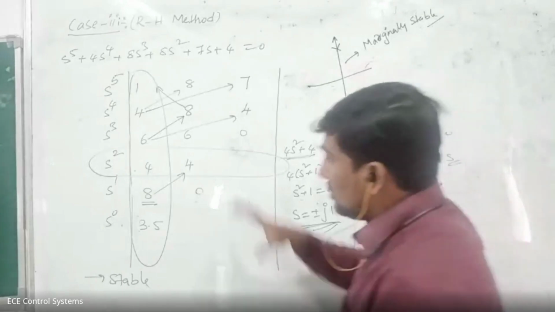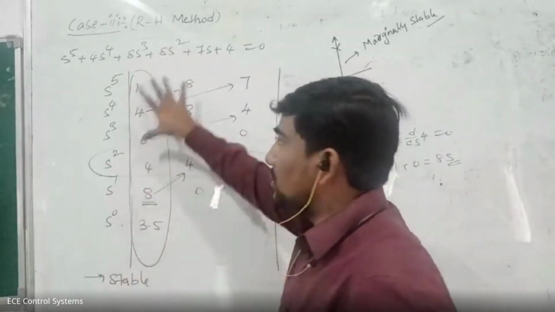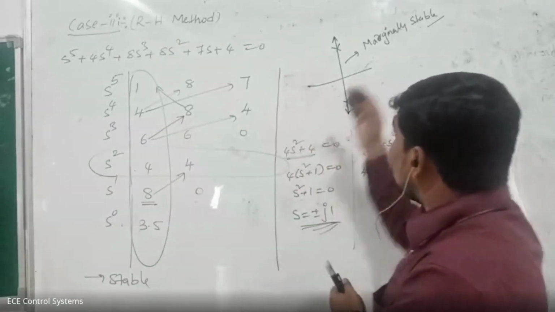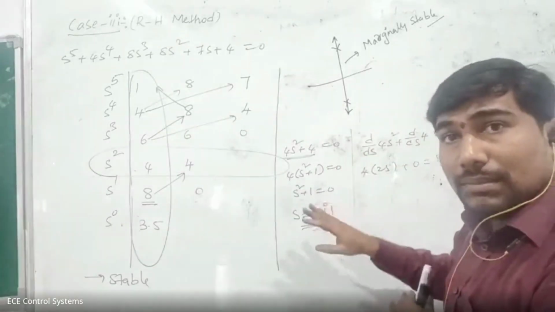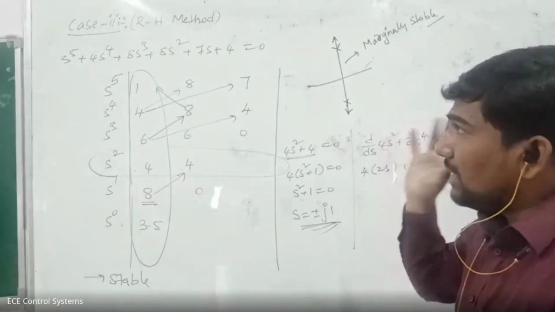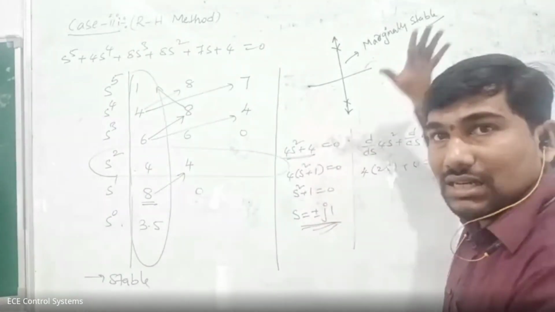But you have to take this explanation first instead of the total column. Why? Because some of the roots may be imaginary, some of the roots may be on the right side. Based on that also you have to decide. But in most case number 3 comes to marginally stable.